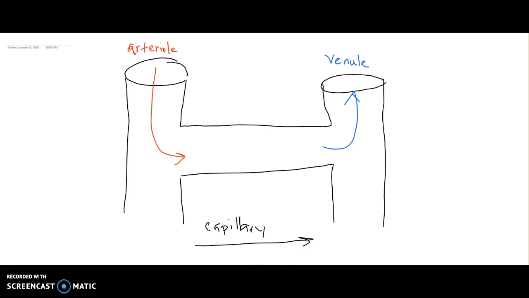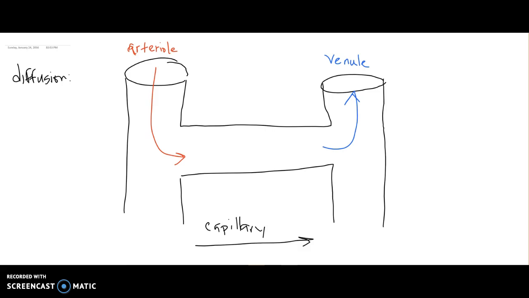Now, there are a couple different ways that exchanges can take place. The first one, if you look at letter A underneath this, is a mechanism called diffusion. Diffusion, if you remember from chapter 3, is movement of materials from high to low concentrations.